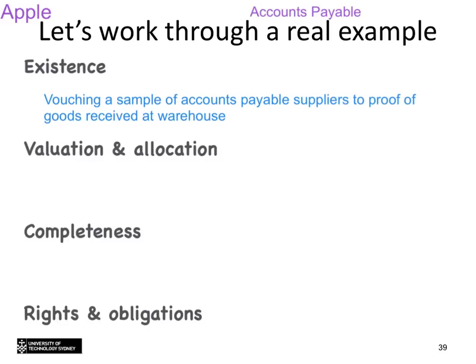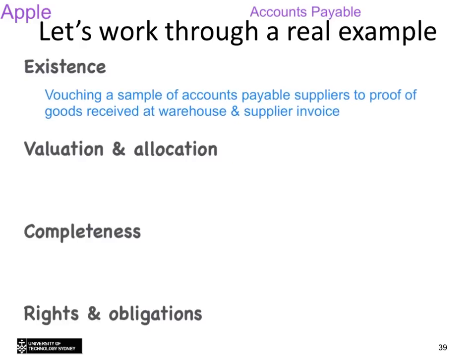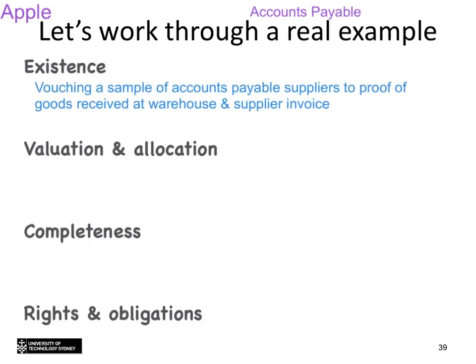All right. So if we owe, for example, Samsung or some other company some money for making a component, I'd want to see that we've got proof that we actually received that component, goods received at warehouse, and supplier invoice. All right, so both of those things would be a pretty good proof that the accounts payable actually exists.